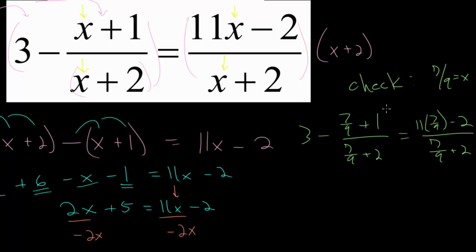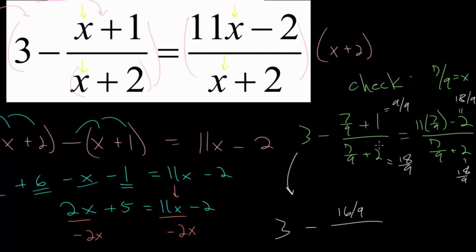First of all, we can rewrite 1 as 9/9, where 2 is 18/9, and we can apply that here. This is 18/9, and this is also 18/9. Now simplifying, we have 3 minus 7/9 plus 9/9, which would give us 16/9. And in the denominator, we have 7/9 plus 18/9, which would be 25/9.